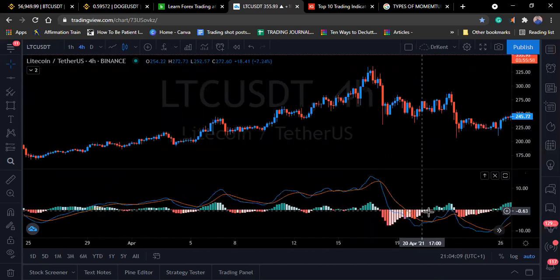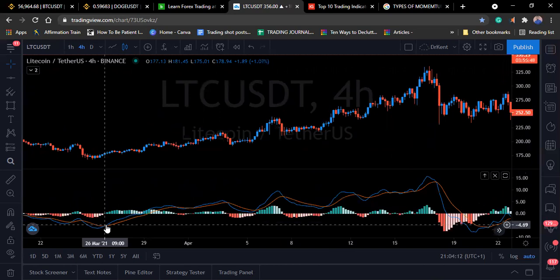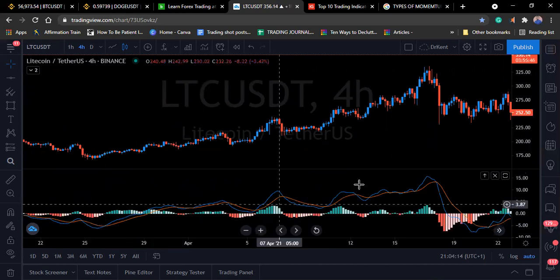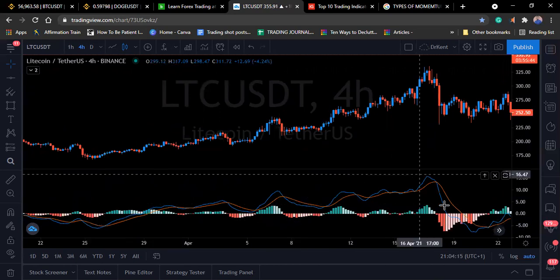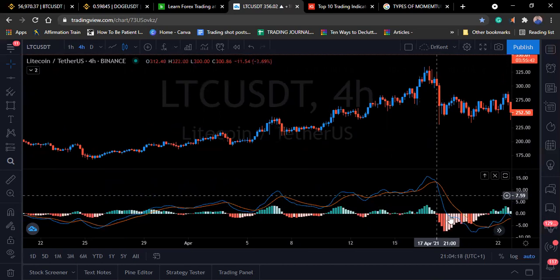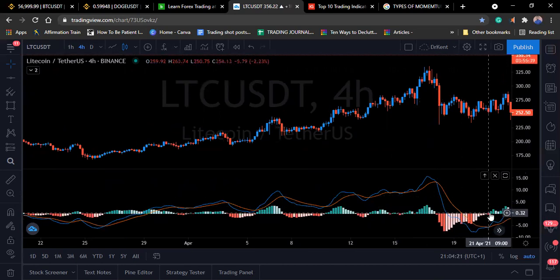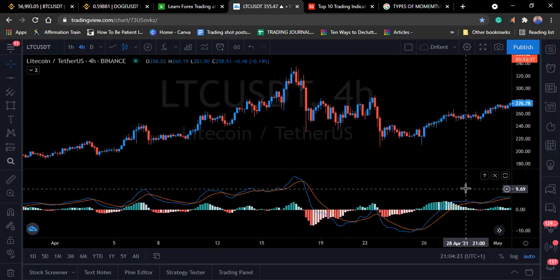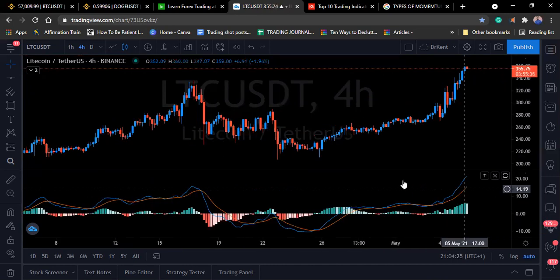For example, you would have bought here and you stay in this market until maybe somewhere when they cross back below this zero line. Now that is trading based off an indicator.